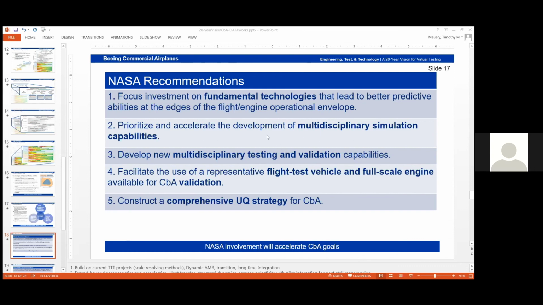And then, crucial again to building confidence in analysis approaches is a comprehensive UQ strategy, and we can leverage previous work with the Department of Energy and their nuclear regulation, where UQ has played an important part, and adapt that to the aerospace industry.